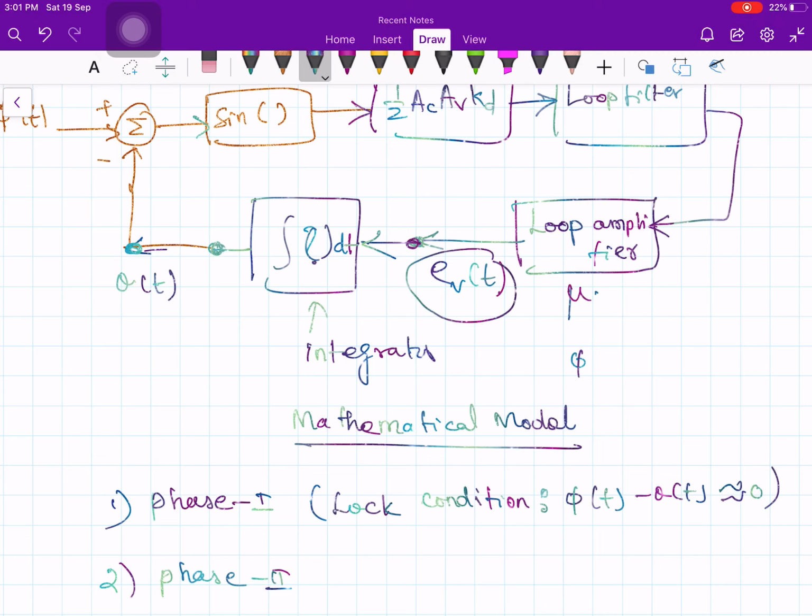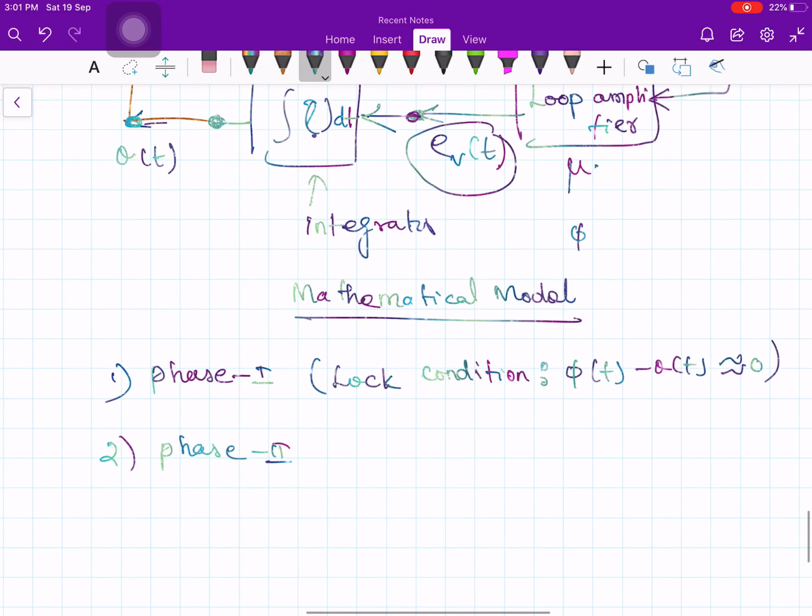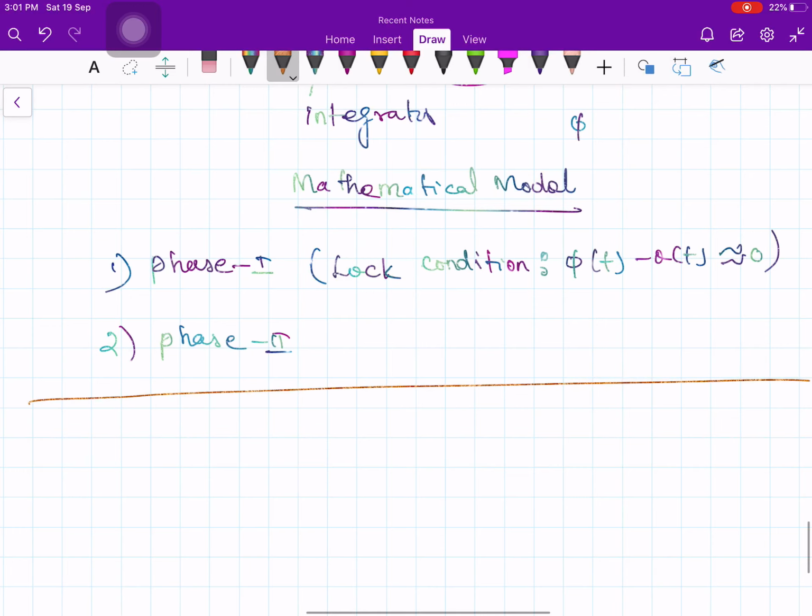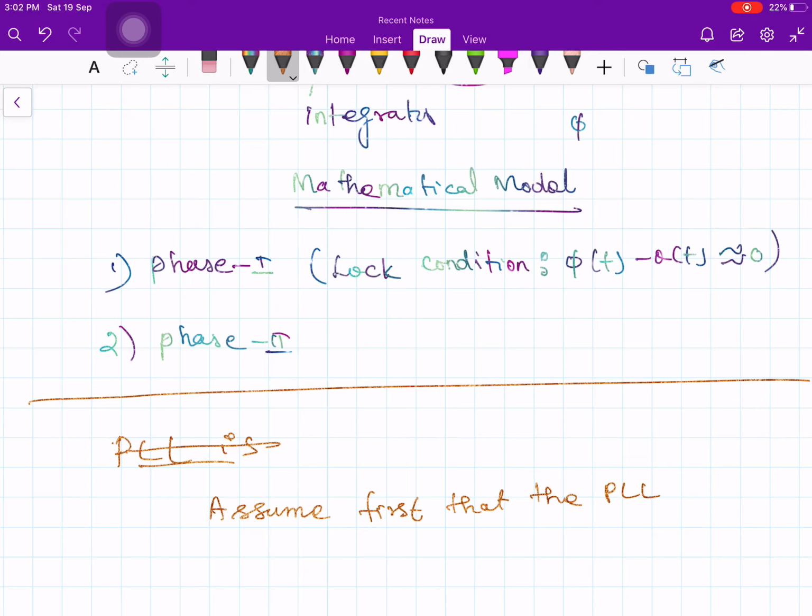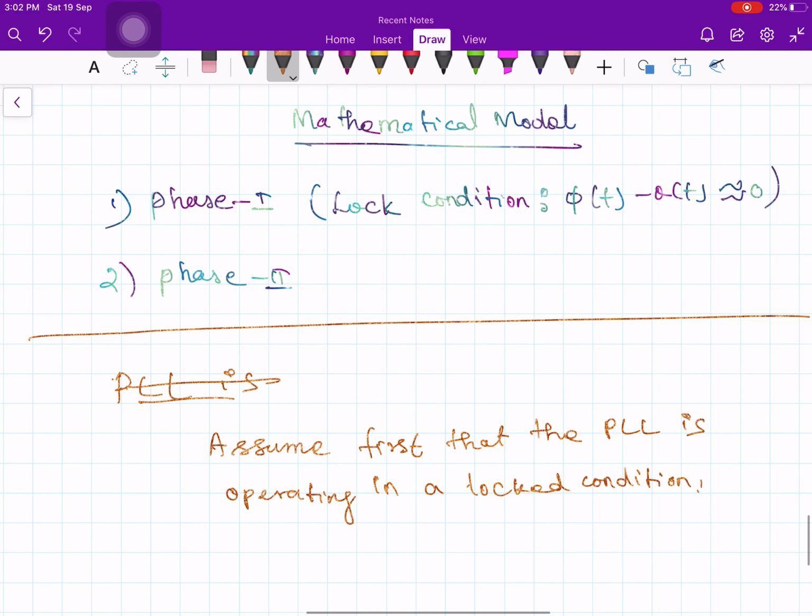So in the first instance, assume that the PLL is operating in a locked condition. We will see what it means.